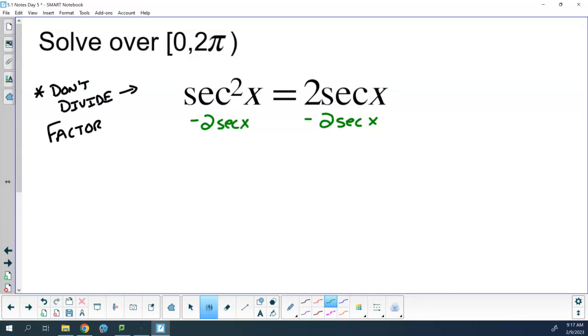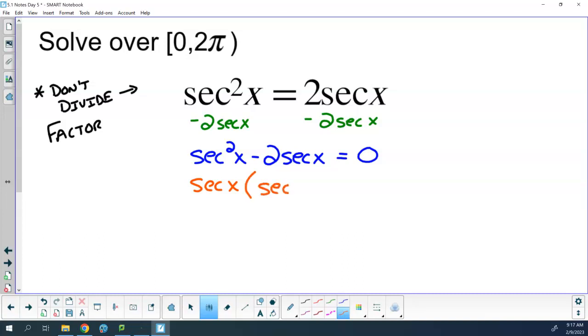So that's going to give me secant squared of x minus 2 secant of x equals 0. And now I can factor out a secant of x. That's going to leave me with secant of x minus 2. Once I factored, then I set my factors equal to 0.